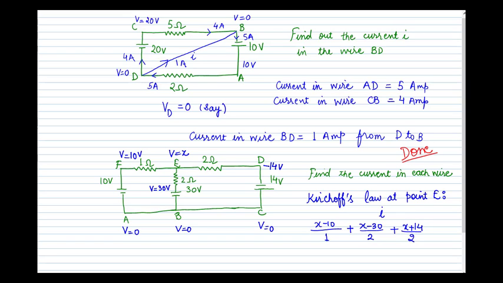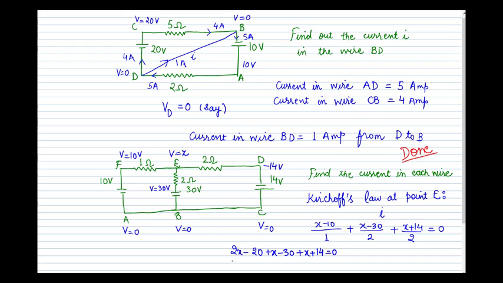So we have written this is I, this is I, and this is I. So these 3 are currents, and this is equal to 0. So the sum of currents entering plus leaving is equal to 0. So if you solve this, X minus 10 plus, so if you solve this, then you have 2X minus 20 plus X minus 30 plus X plus 14 is equal to 0.